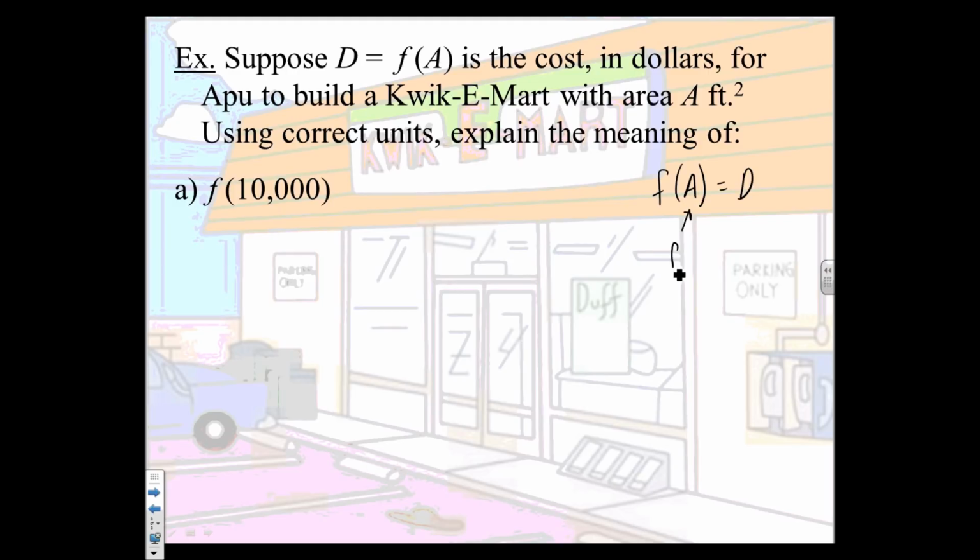A represents square feet, the area of the store. And D represents the cost. So D would be, again, in dollars. And then if we switch it, F inverse of D is equal to A. So now it's F inverse of dollars equals square feet.